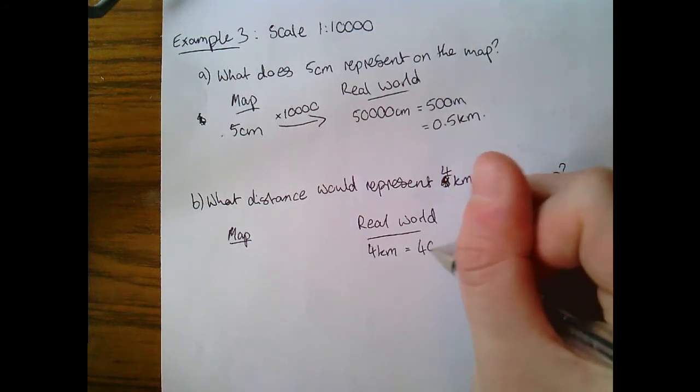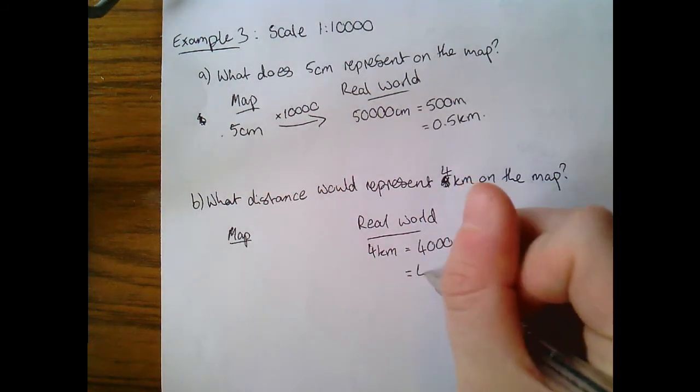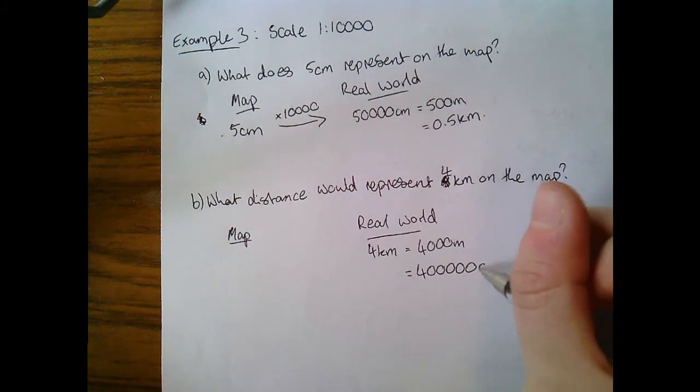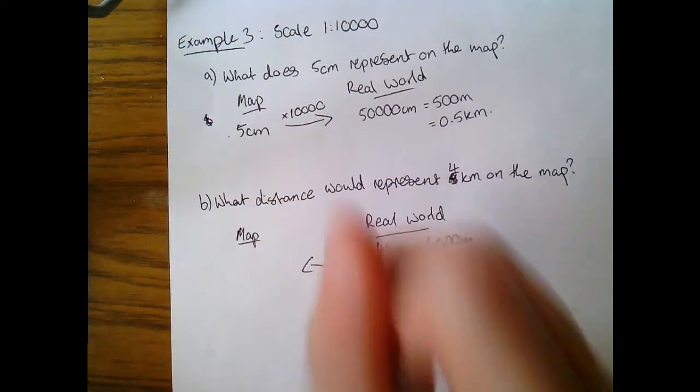We've got 4,000 meters by multiplying by 1,000, and then we'll have 400,000 centimeters.